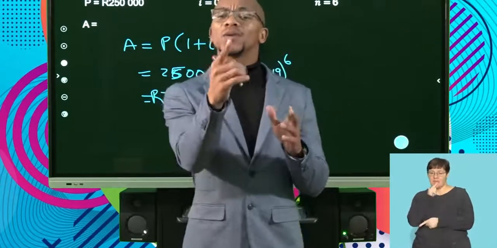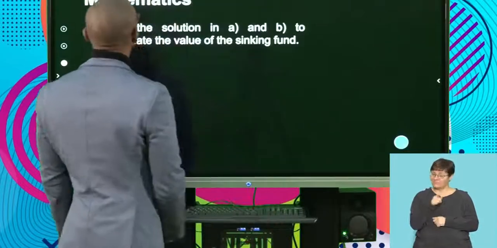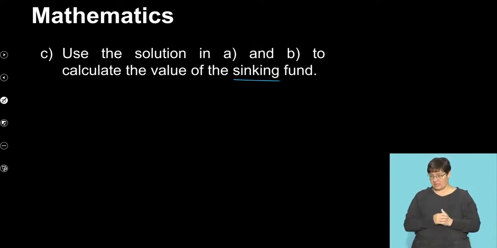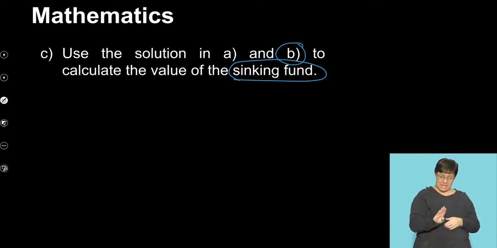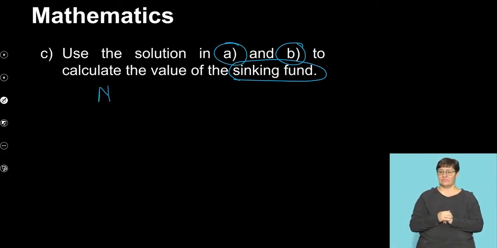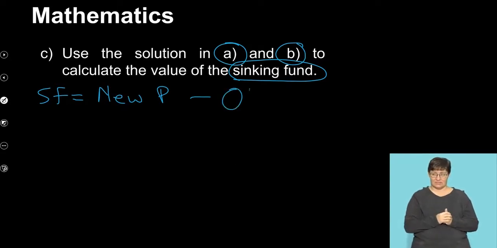They will need to set up a fund, and this fund will be now question C. Question C says to us, you use the solution in A and B to calculate the value of the sinking fund. And this sinking fund will be the difference between B and A. So the new price, I will say SF, is equal to the new price minus the old price, right?